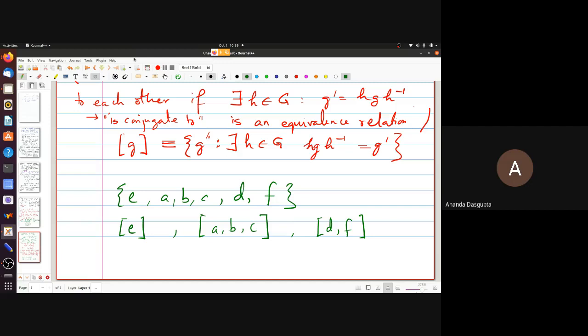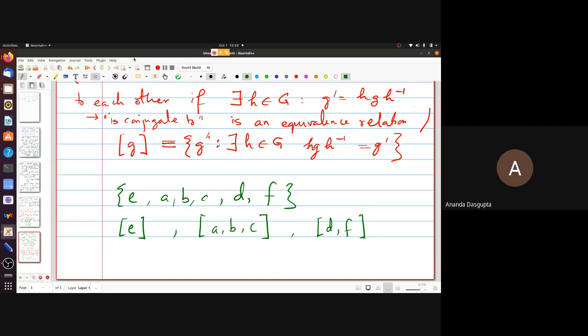The identity, which is of course a 0 degree rotation, does not belong to the same class as D and F. In the symmetric group of a square, you will find the identity sitting in its own class, the 180 degree rotation sitting in its own class, and the 90 degree and 270 degree rotations sitting together in their own class.